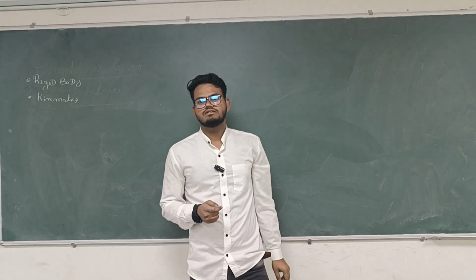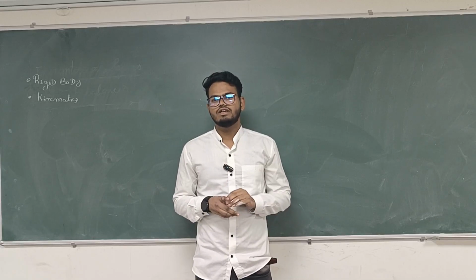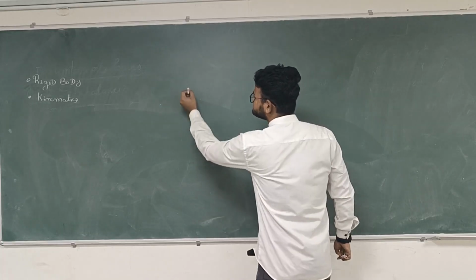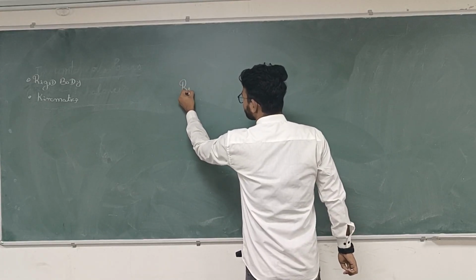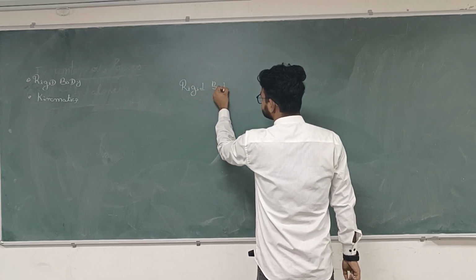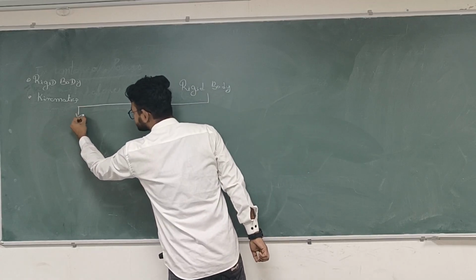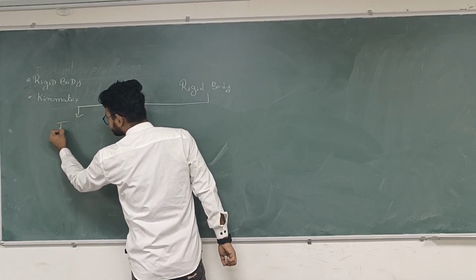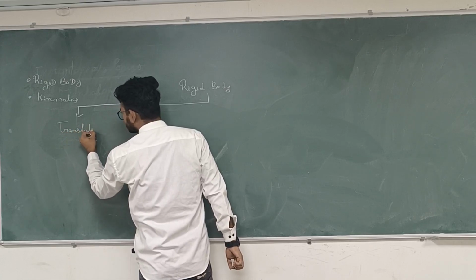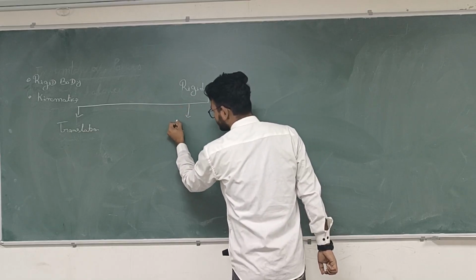Now let us discuss the motions of a rigid body. A rigid body basically performs three types of motion. The first motion is translation motion. Second one is rotation motion.